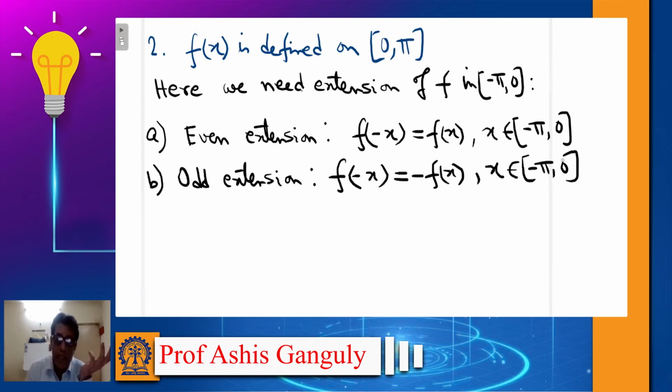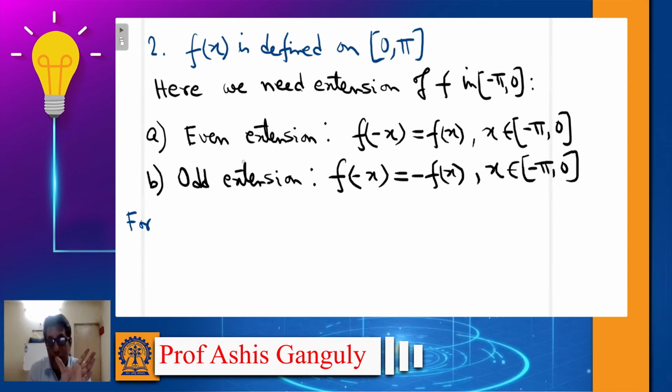And outside this minus pi to pi, in all other 2 pi length intervals, it will be identical copies. So we can apply the Fourier theorem. Here one thing you have to remember, that in both cases, you will get a half range Fourier series. That means either cos or sine.